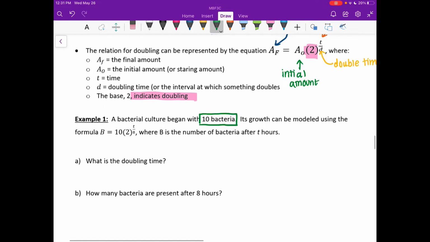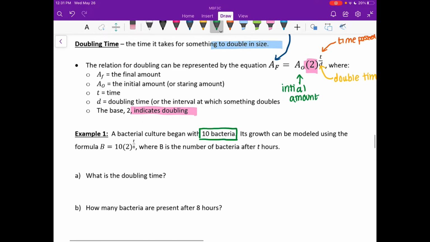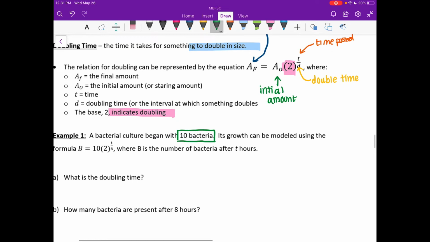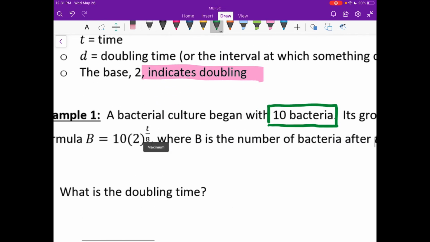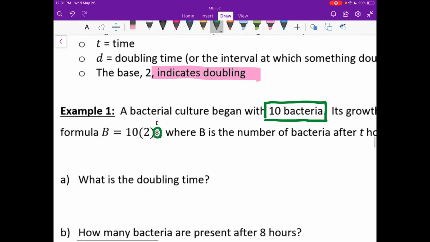Let's go and look at this equation and compare it to our original one. So we know AF is going to be the number of bacteria after our T hours. 10 was our initial amount. 2 is the base that represents that it's doubling. Then T is going to be the time that's passed. And then D is doubling time. Right? So what's our D value here? It's 8. So our D value is 8.